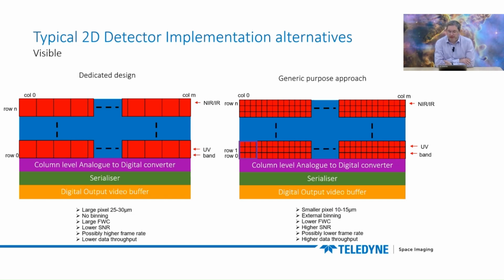It tends to have a lower full well capacity, but a higher signal-to-noise ratio. The frame rate tends to be lower because there are way more pixels to output. And as a consequence, it will also have a higher data throughput that requires more memory at the front-end electronics.